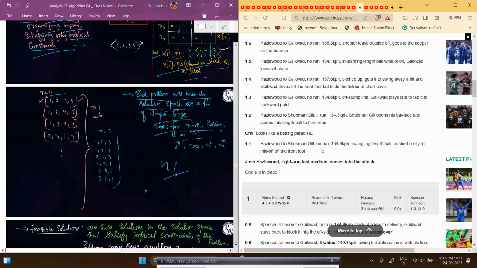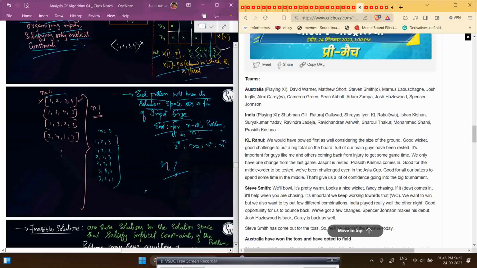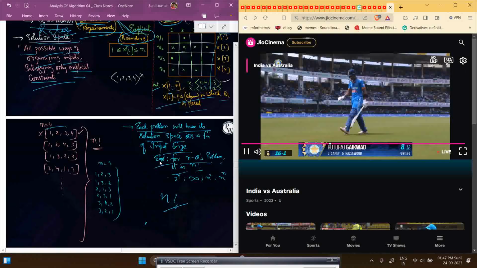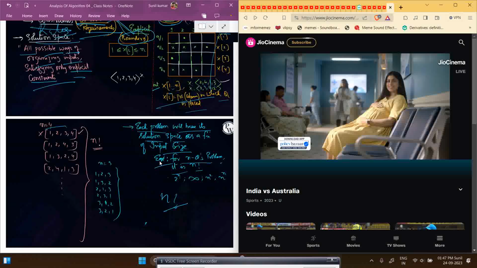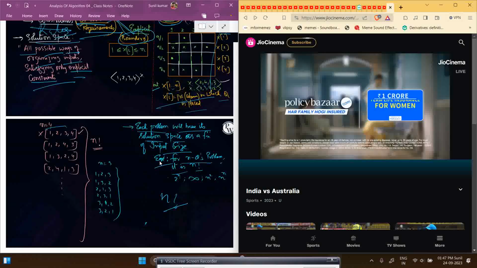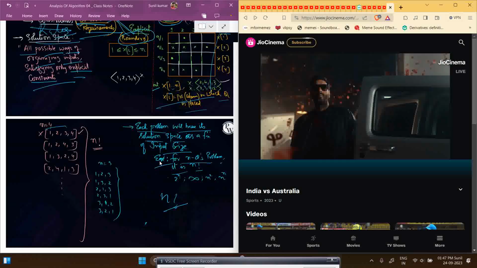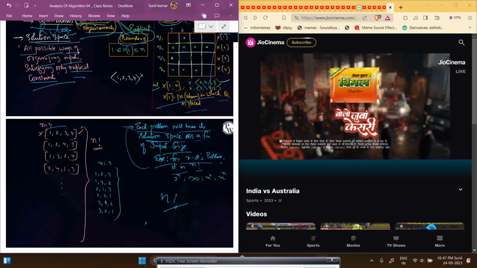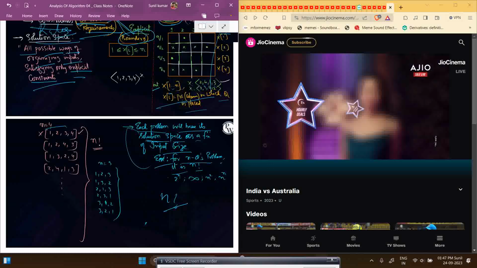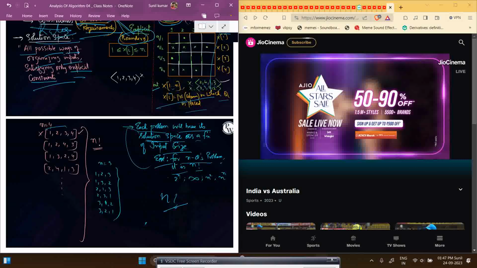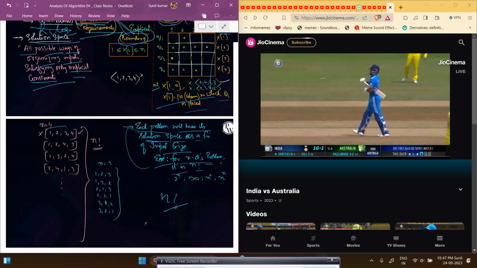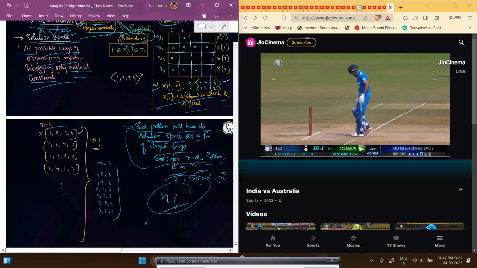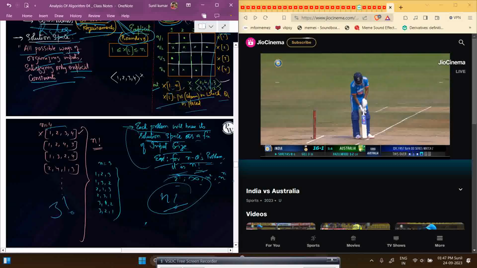How is it n factorial? If n is 3, then 3 factorial is 3 into 2, which is equal to 6.